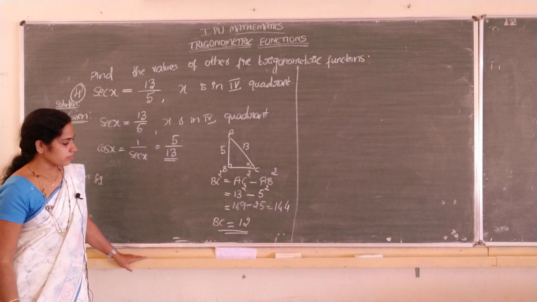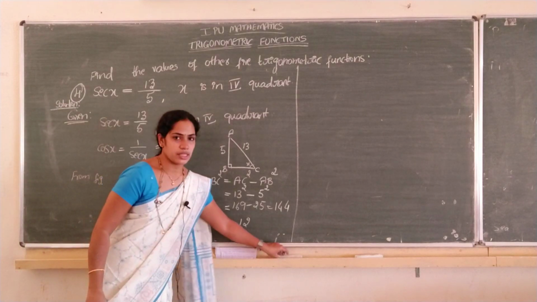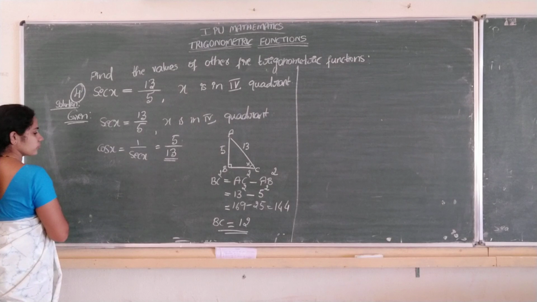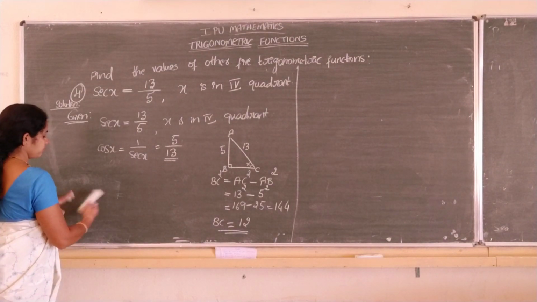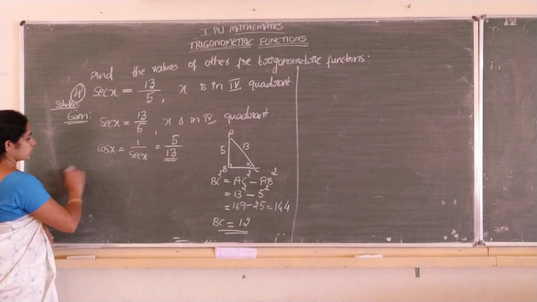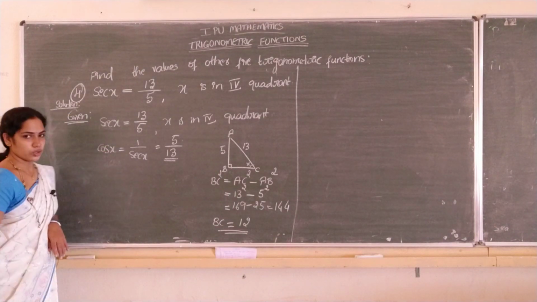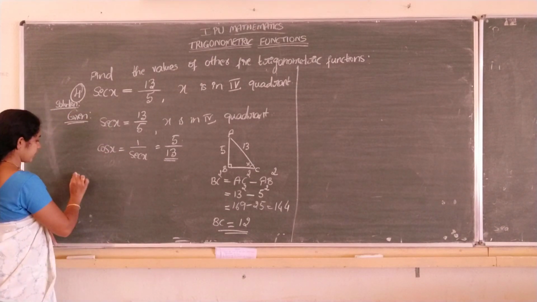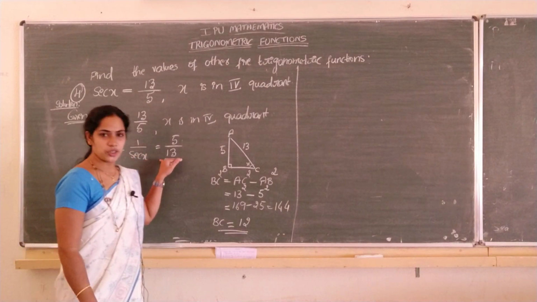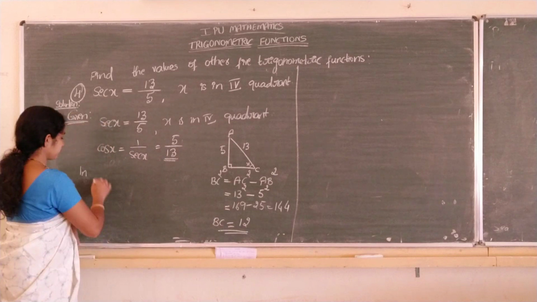we can write sin x, correct? Before that we will write the sign. What is the sign here? Cos x is in the fourth quadrant. In the fourth quadrant, the sign of cos x is positive. What about sin x?